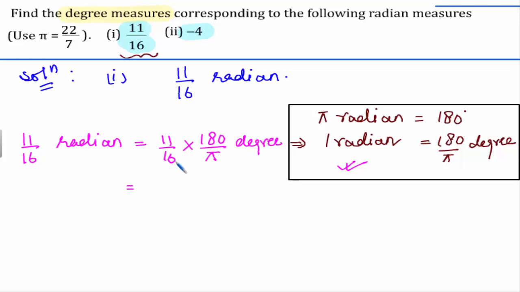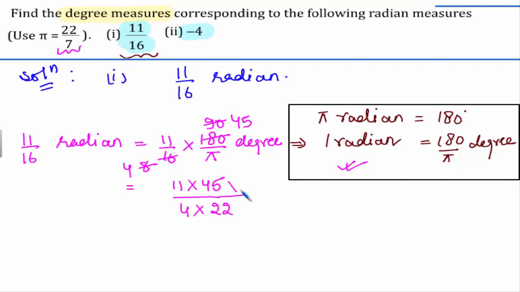This is equal to, now here we have 2 8s are 16, 2 into 90s are 180, again 2 4s are 8, 2 45s are 90. So this is equal to 11 into 45 divided by 4 into pi, and the value of pi is 22 by 7. So we have 22 in the denominator and 7 in the numerator, degree.